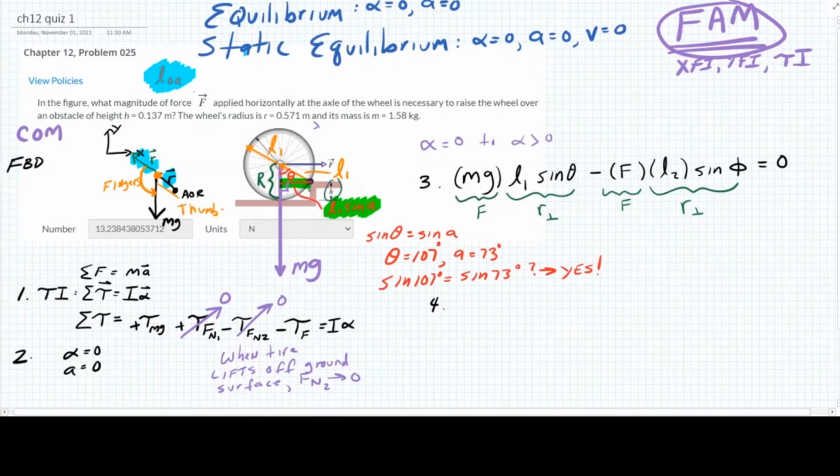And I know this dimension right here, but things are getting hard to see, so maybe I better do a supplemental diagram. Let me erase this. Okay, this dimension you can see right there. This is R minus H. So I know everything I need to know about this triangle.